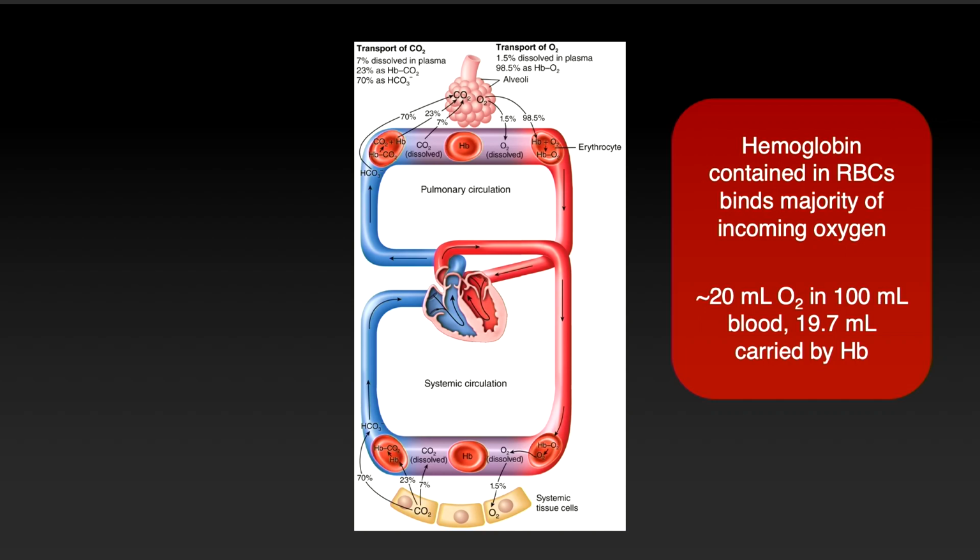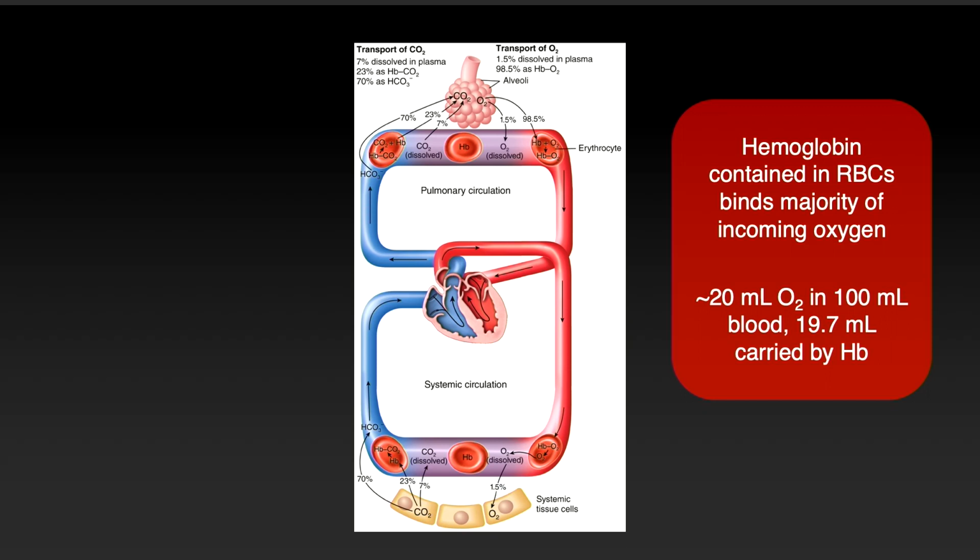By far, hemoglobin carries the majority of oxygen. And if you were to measure it, if you took out 100 milliliters of your blood, put it through an analyzer, your arterial blood would contain 20 milliliters of oxygen. Every 100 milliliters of blood has 20 milliliters of oxygen.